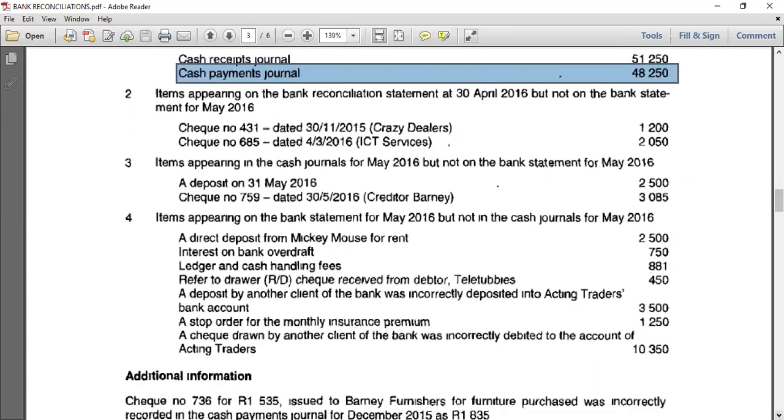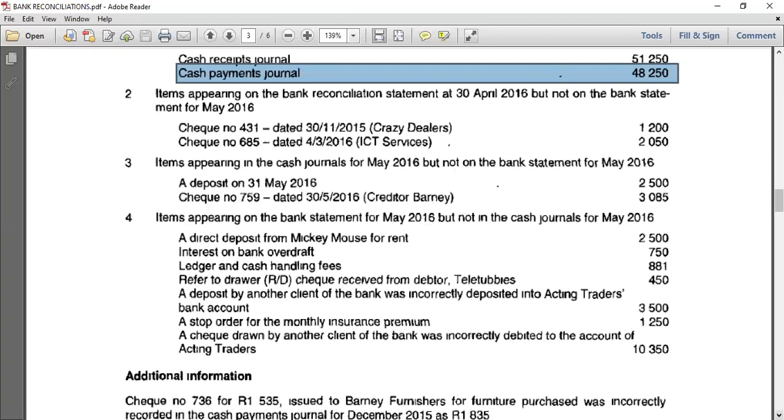Number 2, items appearing on the bank reconciliation statement as at 30 April, but not on the bank statement for May. If you still remember from last month, as long as an item did not appear on the bank statement and it's still a valid check, it will appear again in the bank reconciliation statement for this month.